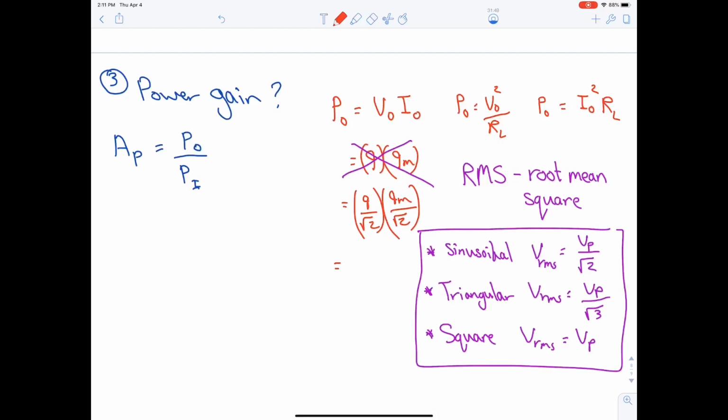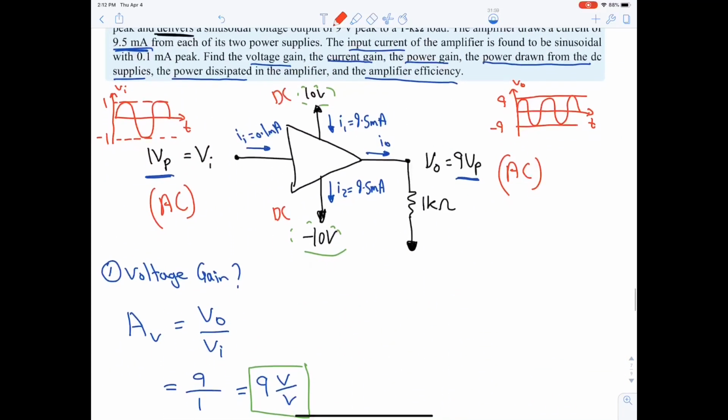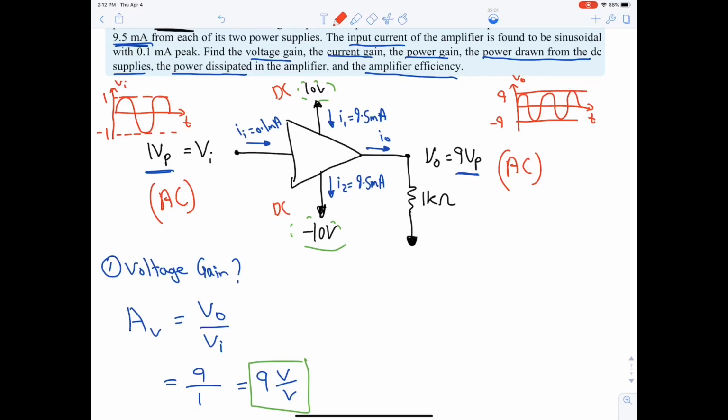It will give me 40.5 milliwatts. Again, why did I use RMS? I use RMS because the input and the output signals are AC, meaning they are alternating, they are changing. It's inappropriate to take only one value, so we have taken the RMS. You can think of the RMS as if you're taking the average of the signal.